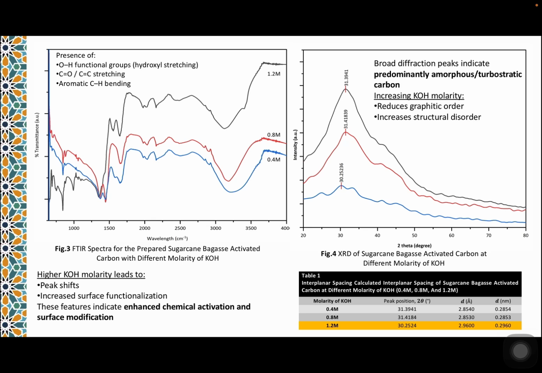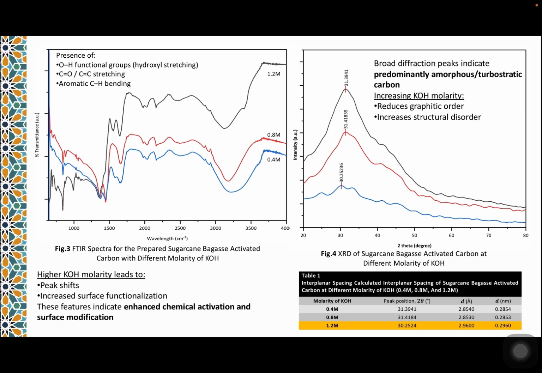Figure number 4, XRD for sugarcane bagasse activated carbon. We can see broad diffraction peaks, which indicate predominantly amorphous or turbostratic carbon, at around 30 degrees. By increasing the molarity of potassium hydroxide, we can say that it reduces the graphitic order and also increases the structural disorder.